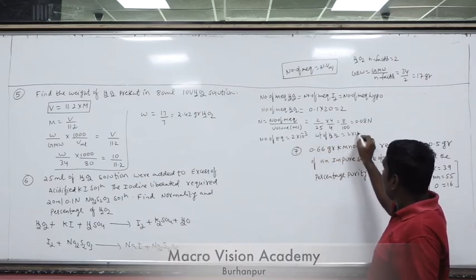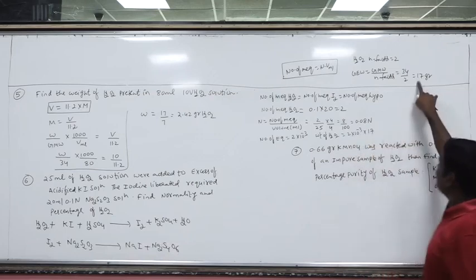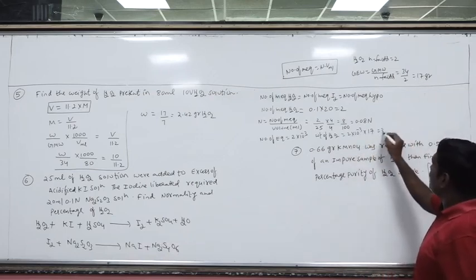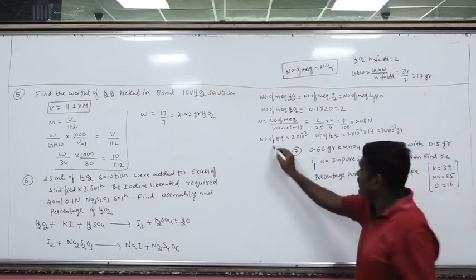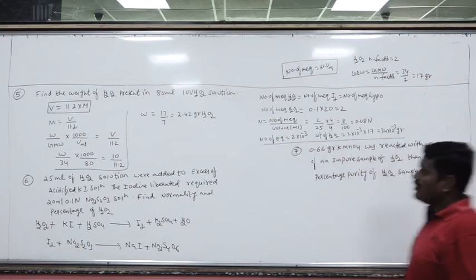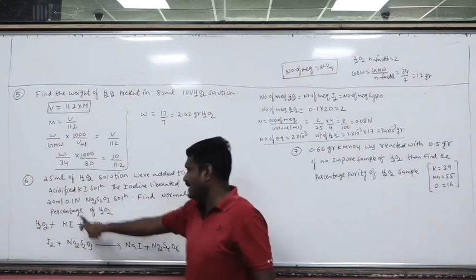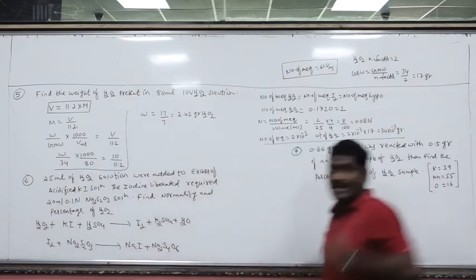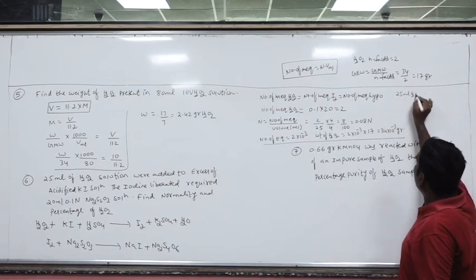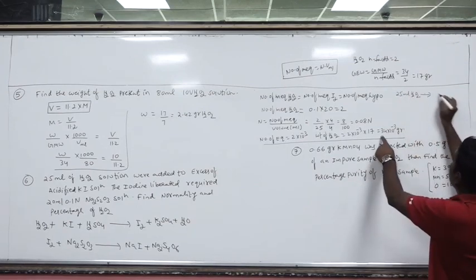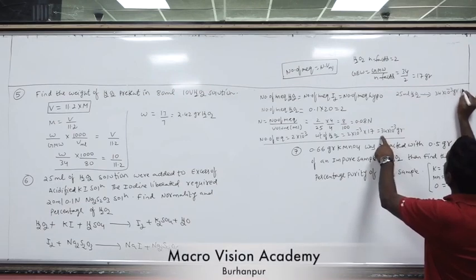So what is the weight of H2O2? Number of equivalents into the weight of one equivalent. What is the weight of one equivalent? 17. So 34 into 10 raised to minus 3 grams. This is the weight of H2O2 present in 25 milliliter of the solution. But the question is percentage of H2O2, that means in 100 ml. 25 ml of the solution contains 34 into 10 raised to minus 3 grams of H2O2.